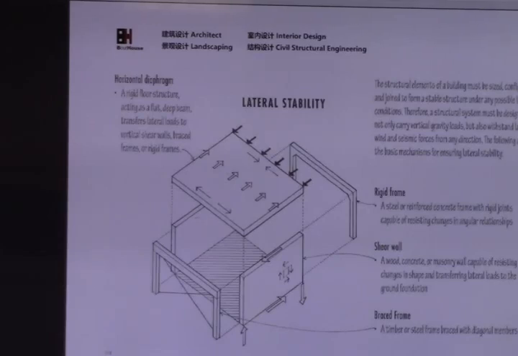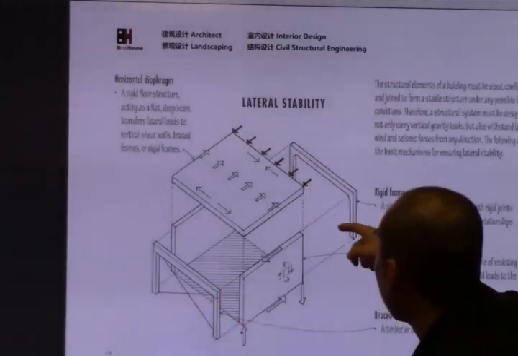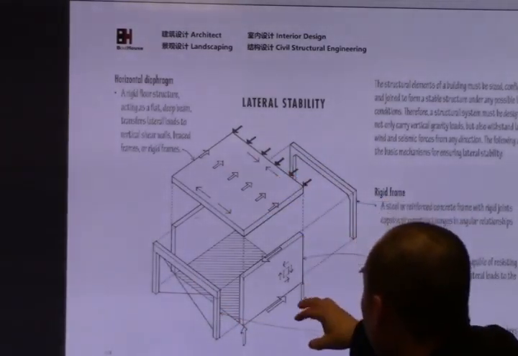For example, if we have a member and do not put the bracing, it will have no stability. That's lateral stability. For example, this frame is no problem, every member is no problem.